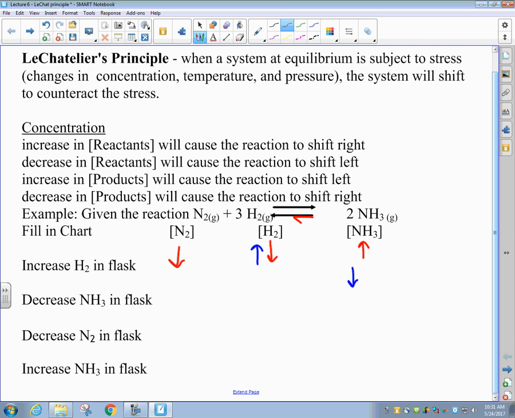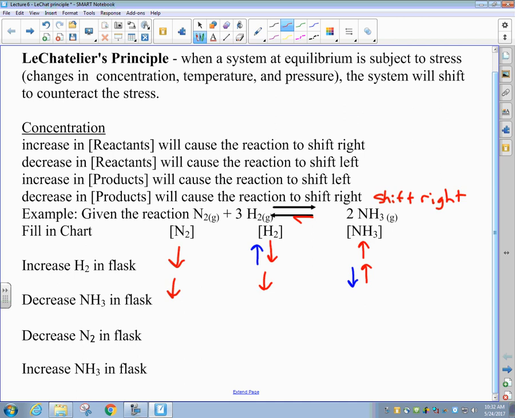The forward rate of reaction is unaffected. Therefore, we see a net shift right. And to establish a new equilibrium, the NH3 concentration goes up, and both the H2 and the N2 concentrations go down. Pause the lecture here at this moment and try the last two on your own.